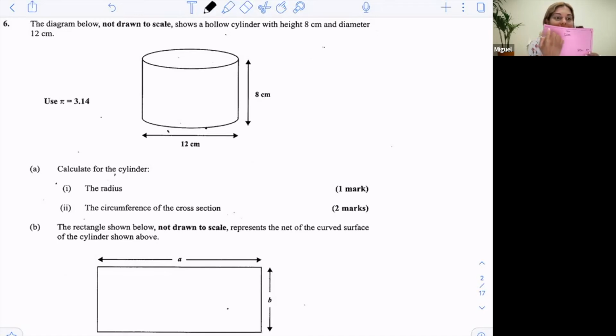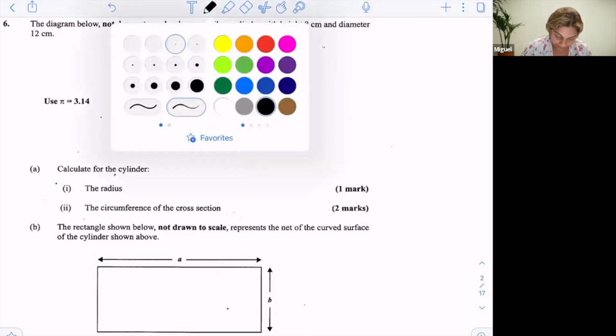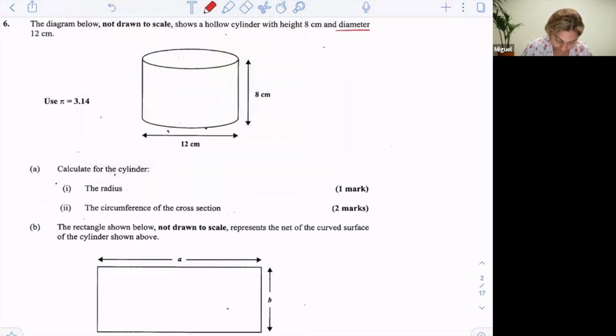Now watch this. This length, that is 12 centimeters, is the diameter. That is what they gave us in the question. So we're going to underline that. The diameter is 12 centimeters.